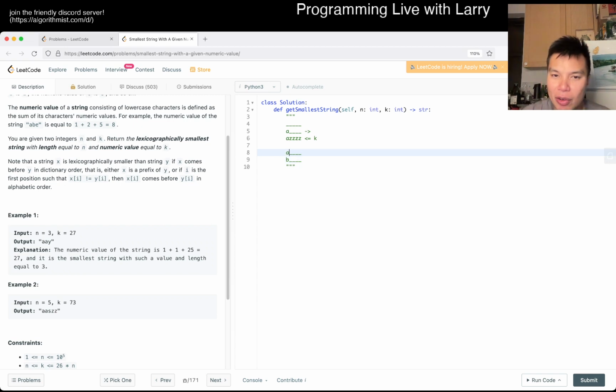Like this could be all z's and this could be all a's, and it doesn't matter, right? The a is still, in this case, lexicographically smallest, or smaller anyway. So that's why we do greedy on each character, and we should be good.